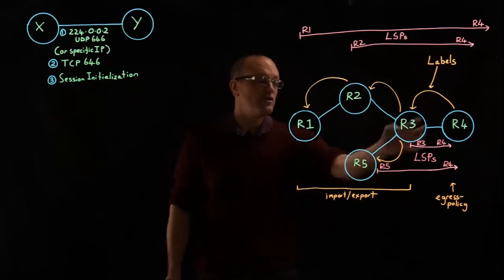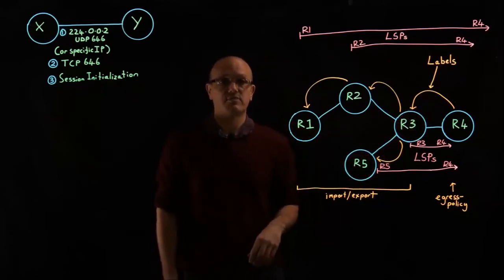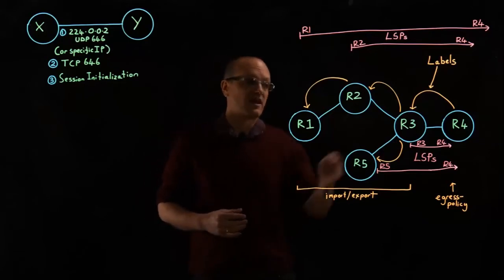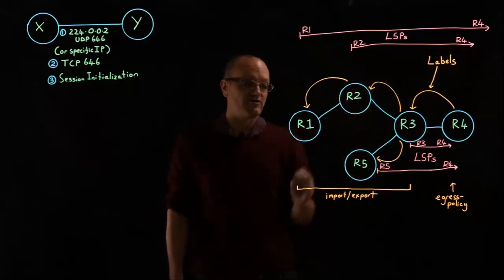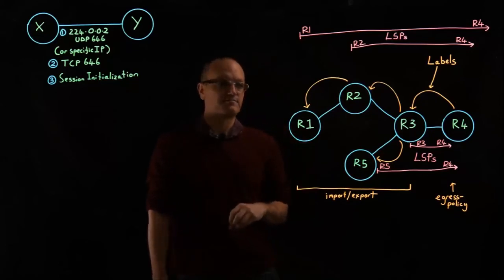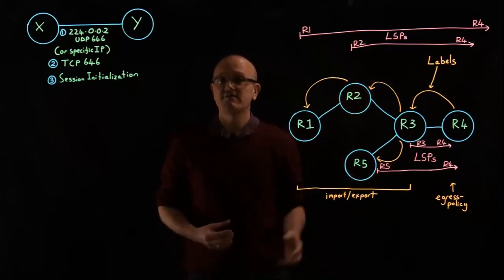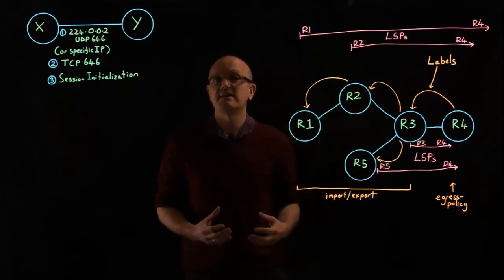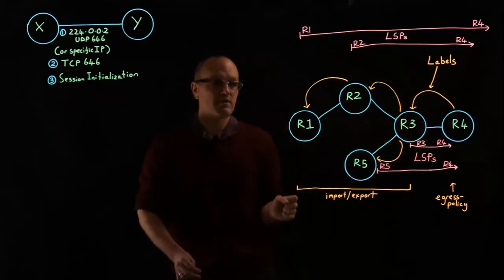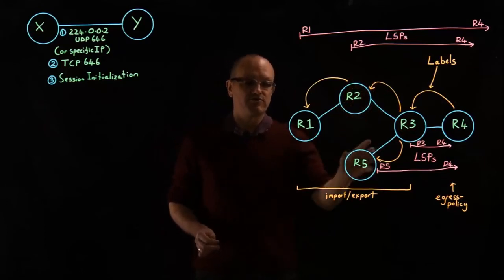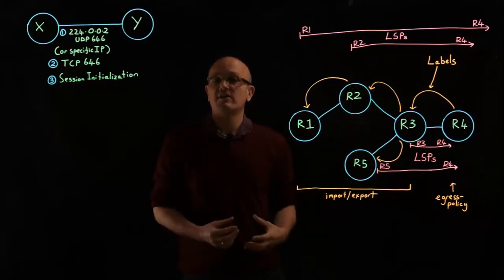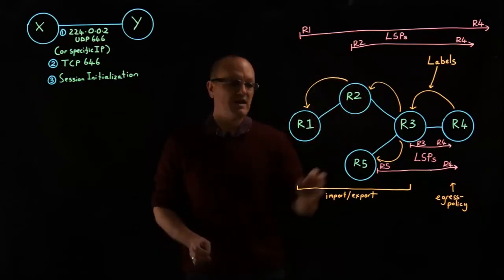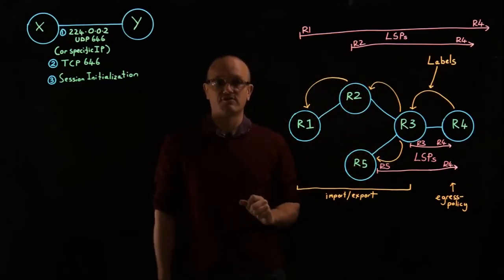He then, using a local pool of labels, generates locally significant labels and advertises them upstream to R2 and R5. On R2 and R5, again we're creating forwarding entries for those labels that have been advertised by R3, and we're installing those in our forwarding plane. We're then using our local pool of labels and advertising those upstream if there are more upstream routers.